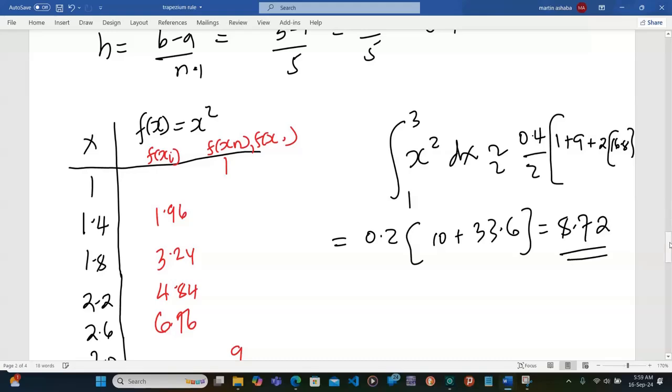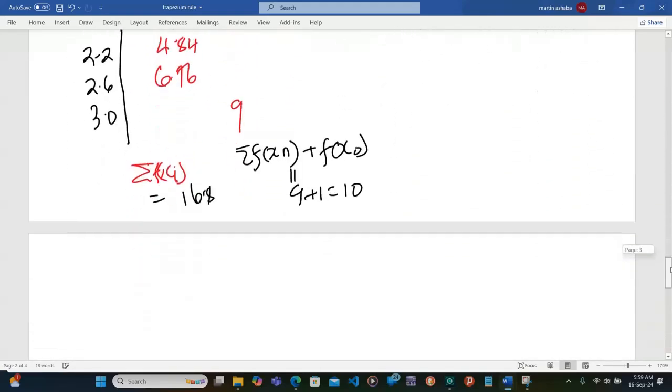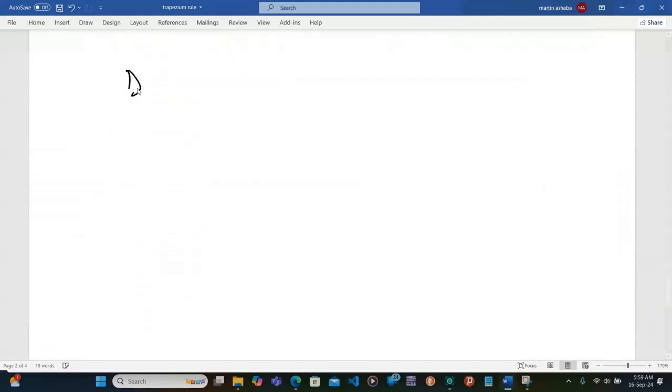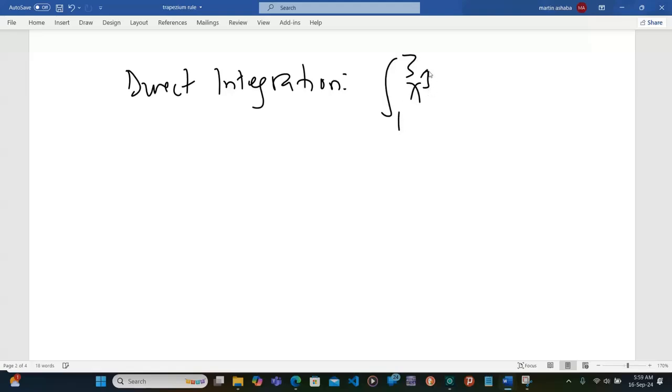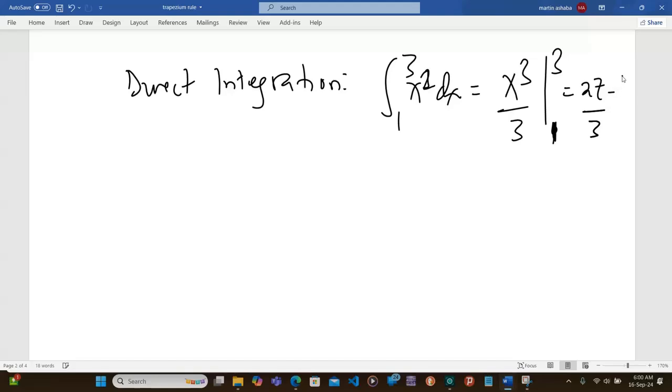So if we do direct integration, the integral from 1 to 3 of x squared dx gives us x cubed out of 3. So we put 1 to 3. This is 27 out of 3 minus 1 out of 3, and this is 26 out of 3.